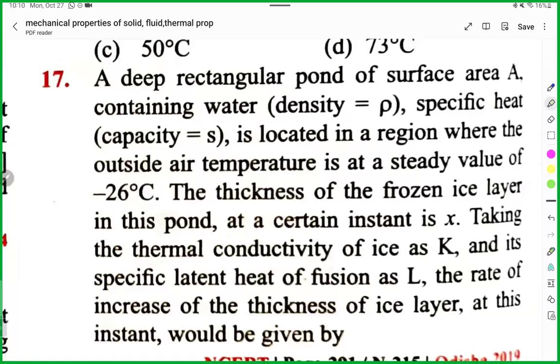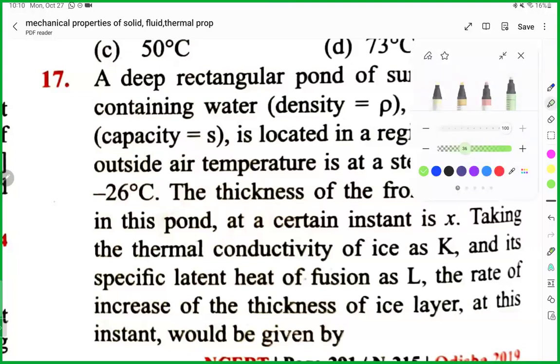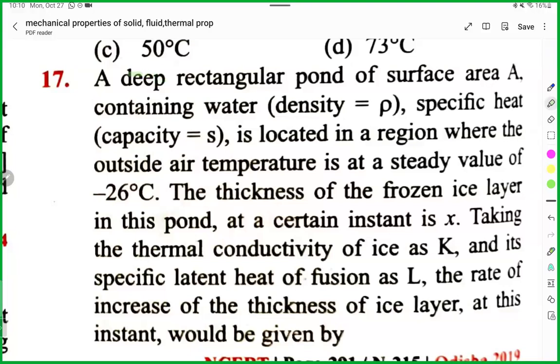This question you will feel is very long, but actually this is one of the shortest questions if you understand what is given in this. A deep rectangular pond has surface area A containing water of density rho, specific heat capacity S, located in a region where the outside temperature is this.